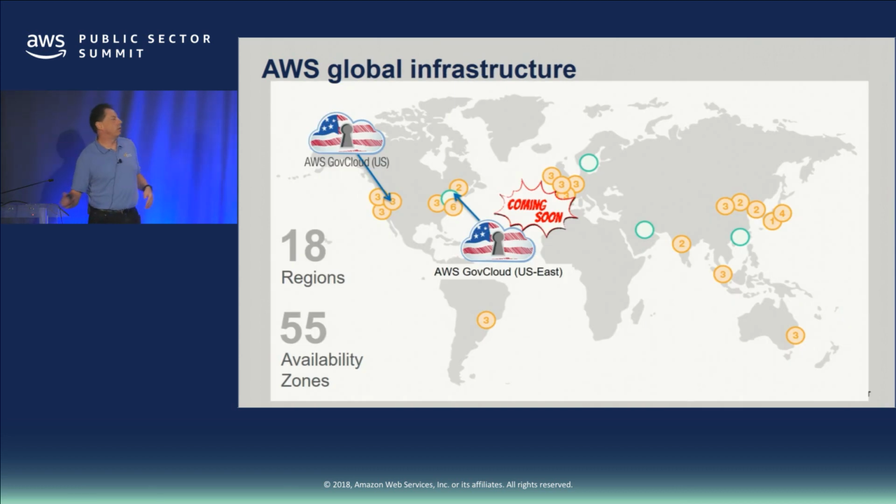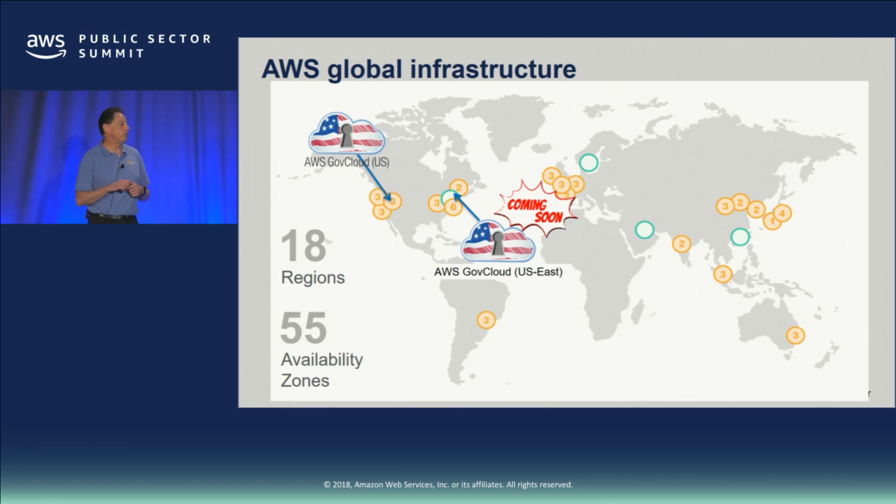So this is what our global infrastructure footprint looks like, and as you can see in the top left of the screen here, this is where GovCloud is. It's a region, and in Amazon vernacular, a region is just a geographic area where we locate our resources, our data centers, compute, storage, networking resources.